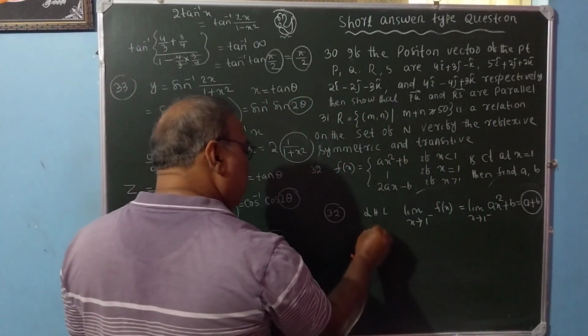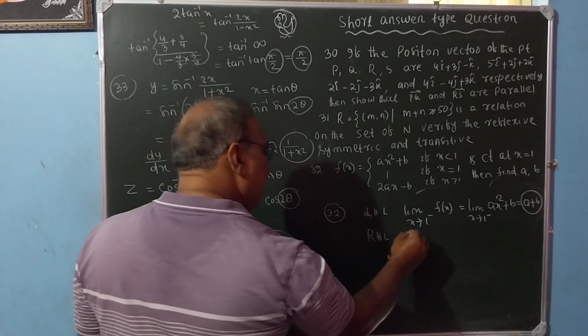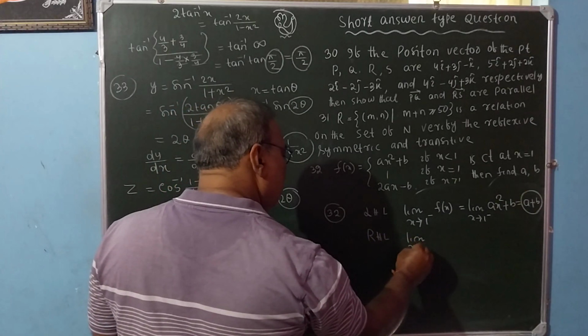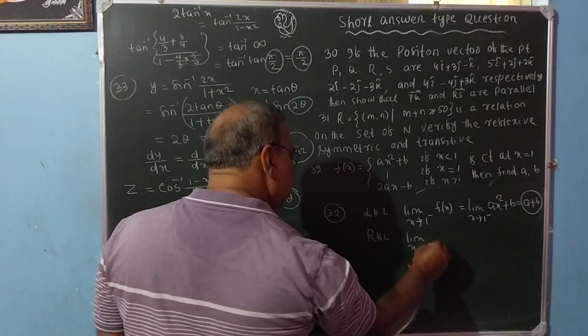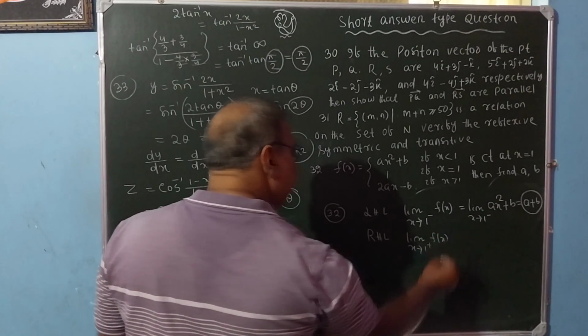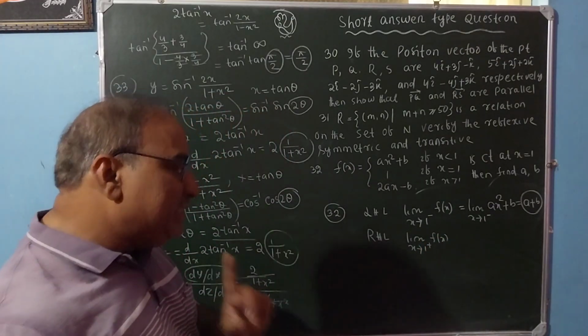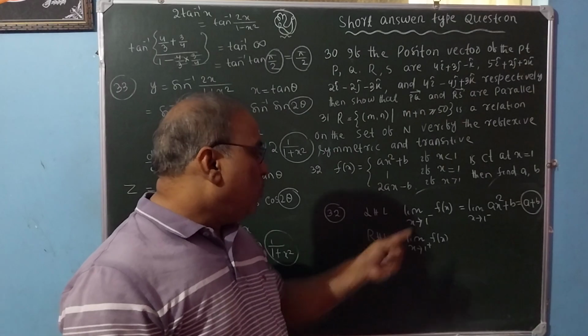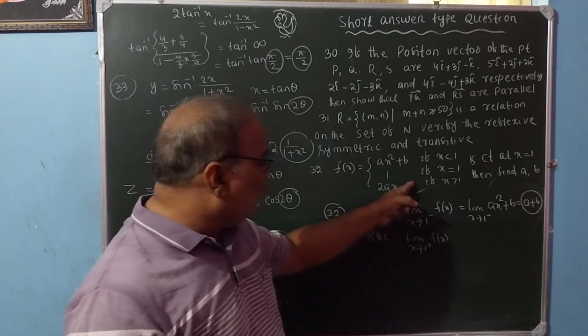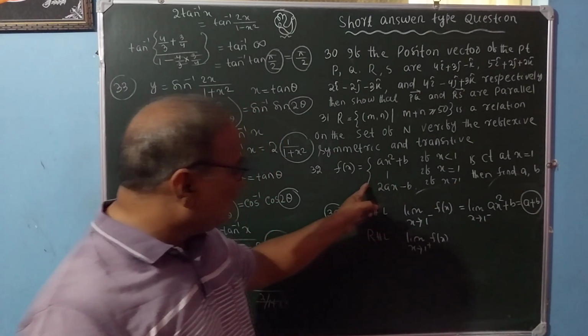Now we have to find out RHL. Limit x tends to 1 plus f of x. Limit x tends to 1 plus means x greater than 1. When x greater than 1, the value of f(x) is 2ax minus b.